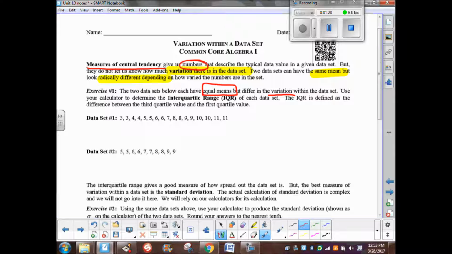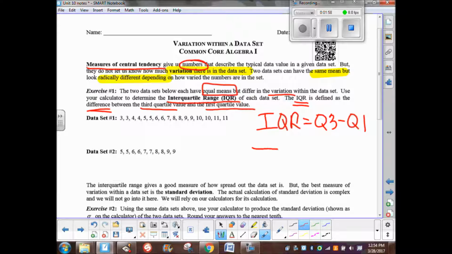Use your calculator to determine the interquartile range of each data set. The IQR is defined as the difference between the third quartile and the first quartile. So the IQR is equal to Q3 minus Q1. In other words, when you have a dot plot, excuse me, I misspoke. When you have a box plot, it's the box.